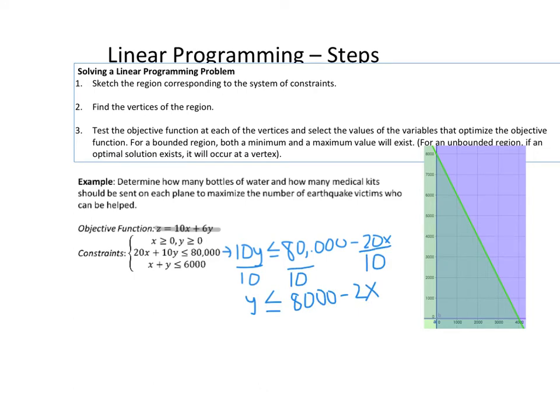Once we do so, note that we have y is less than or equal to 8,000 minus 2x. When we go to graph that, we graph our y-intercept, 8,000, and then our slope we go to the right one.